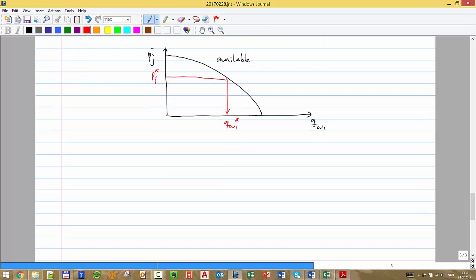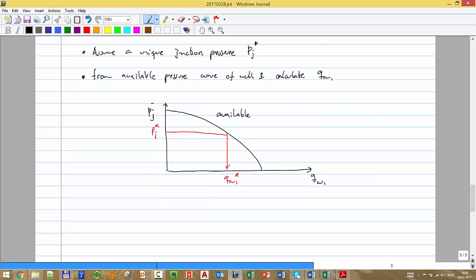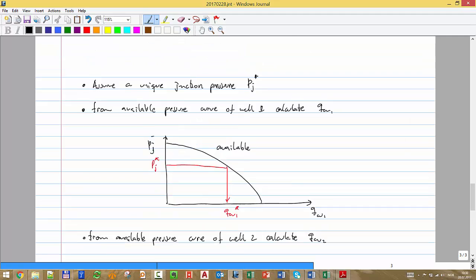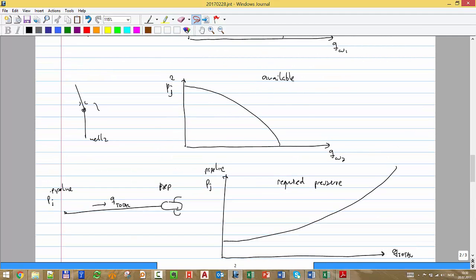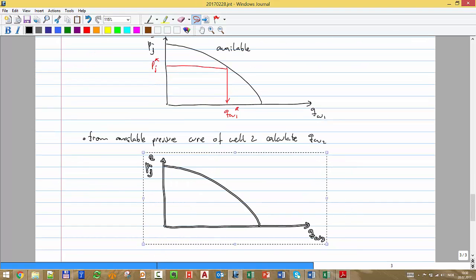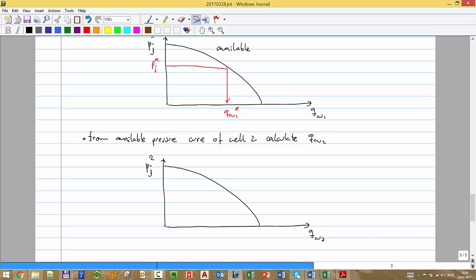Then I do the same for well 2. From the available pressure curve of well 2, calculate QW2. I go and take that curve again for well 2, I have PJ star, go and read here QW2 star.